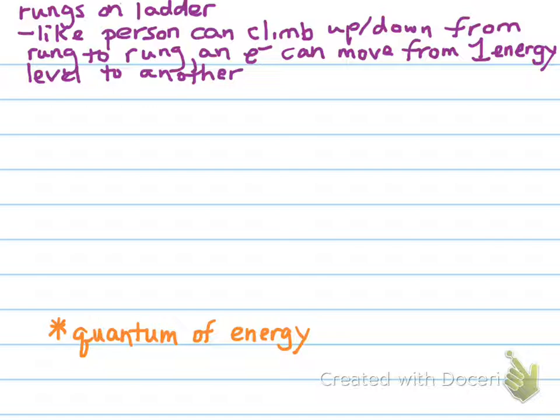So basically he's saying people can climb up and down on ladders. Well, electrons can move from one energy level to another. Okay? They're not necessarily just stuck in one place.